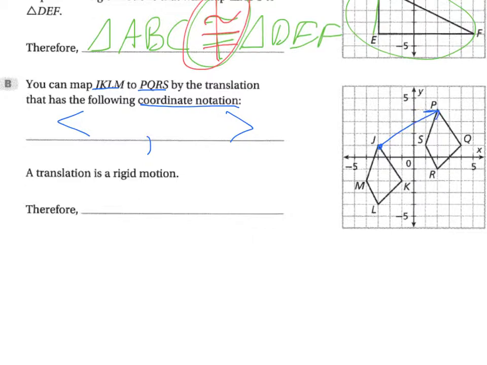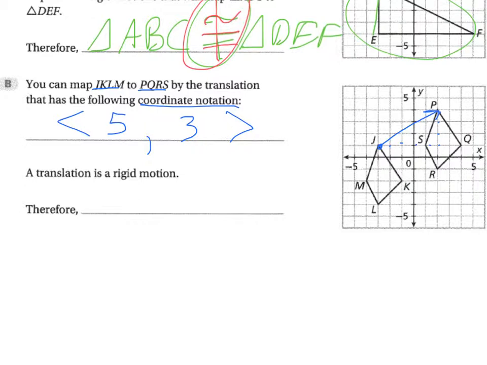You remember that we would count the horizontal change first, which moves to the right, so that would be positive 5. And then the vertical change, which would be up 3, that would be positive 3. Had it been to the left, we would have said negative. Had it been down, we would have said negative as well.